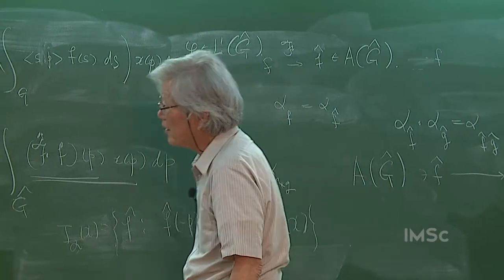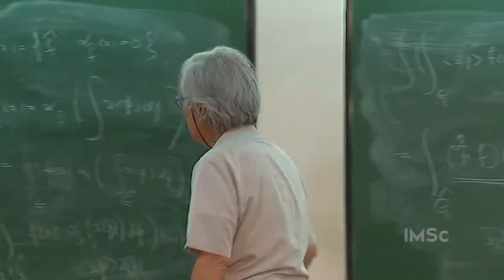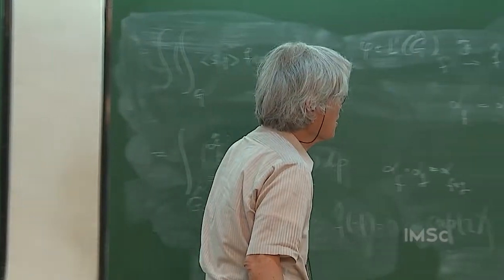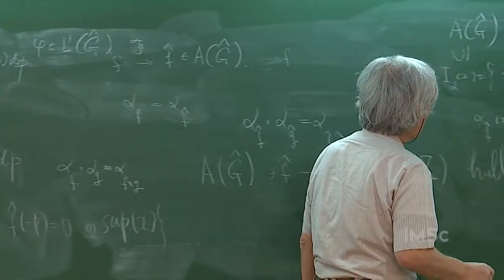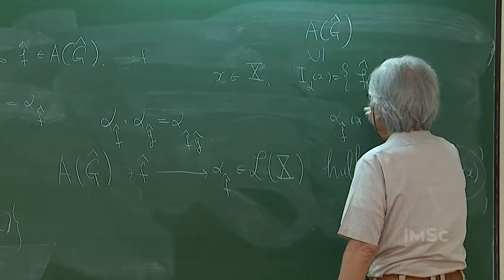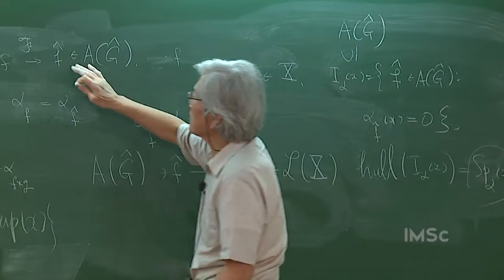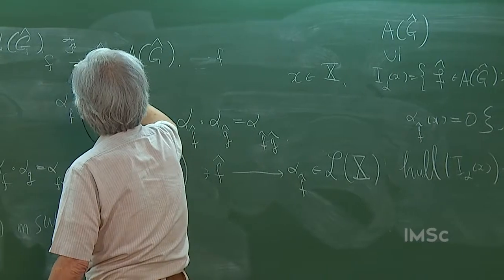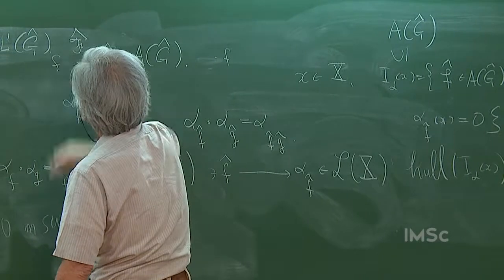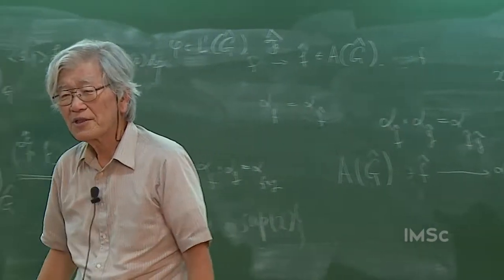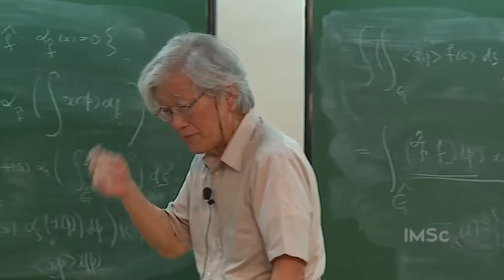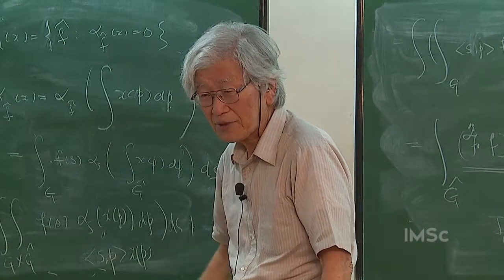Maybe I should take not f check but the inverse transform, so that the notation has to match up, right?